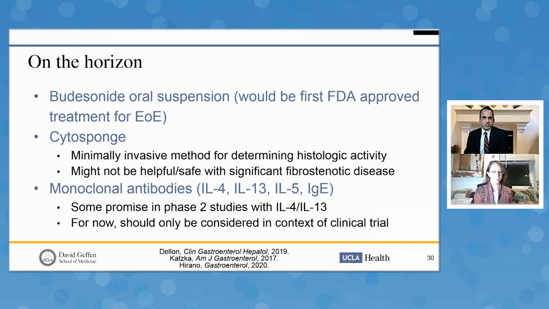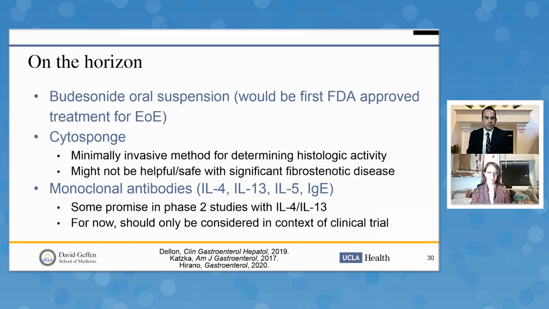So just a few things that I wanted to bring up that are on the horizon. There is a budesonide oral suspension that is already essentially pre-made and does not need to be compounded at home by the patient. It would be the first FDA-approved treatment for EoE, and that is under FDA review right now.